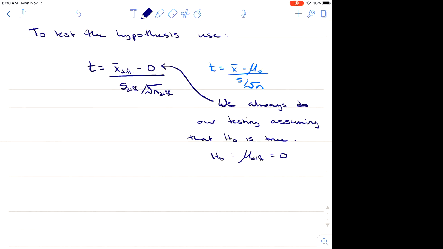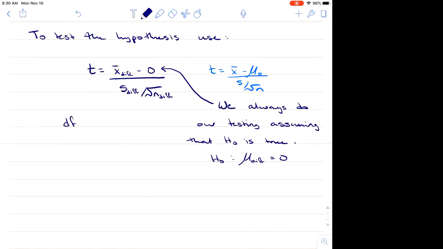And so that value will always be 0. Once you've found your T, you need to use the T table, but then we need our degrees of freedom. On your formula sheet, you have the degrees of freedom is just n diff minus 1.